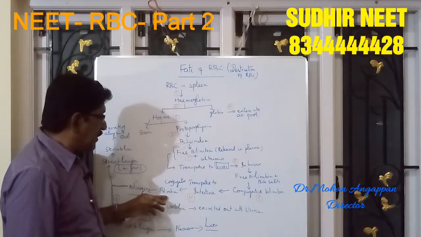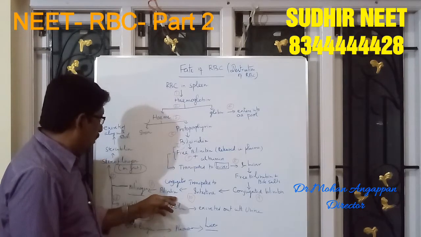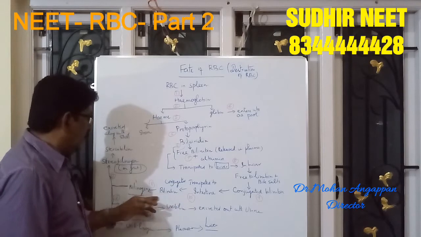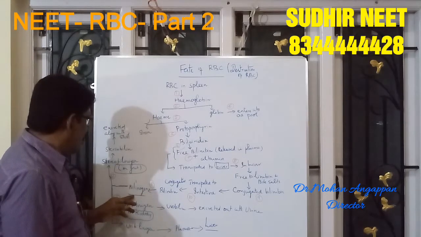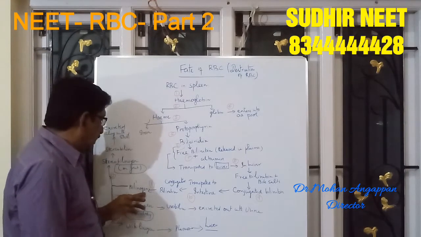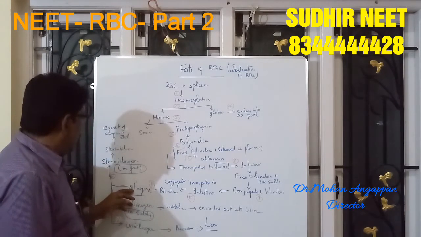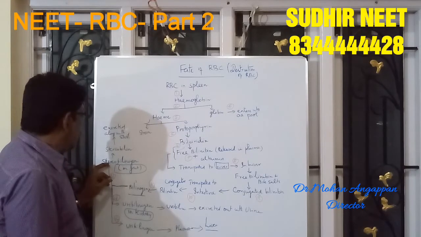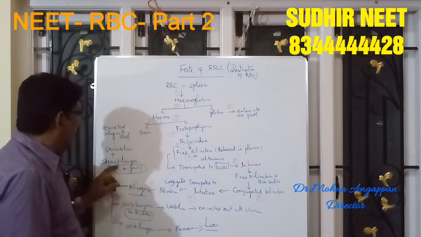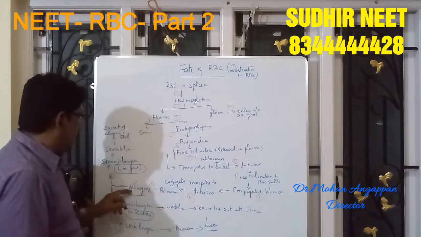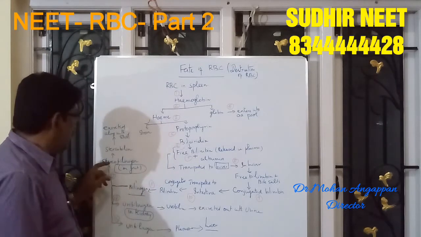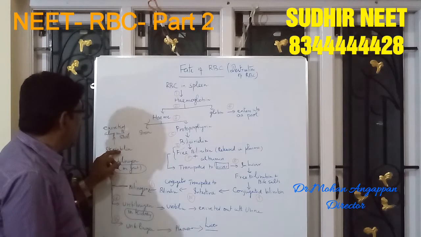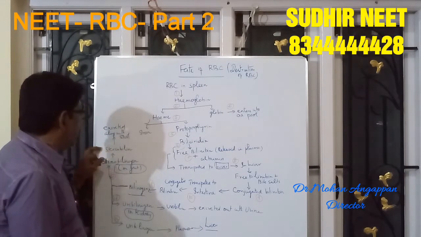In the intestine, the bilirubin is converted into bilinogen. And then this bilinogen takes three forms. In the gut region, this bilinogen is converted into stercobilinogen and then stercobilin.